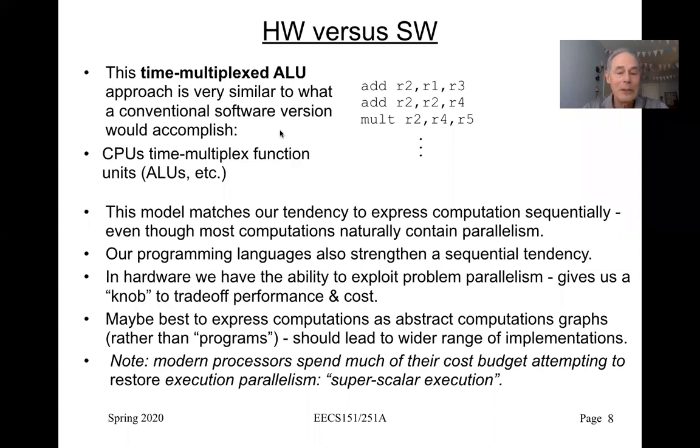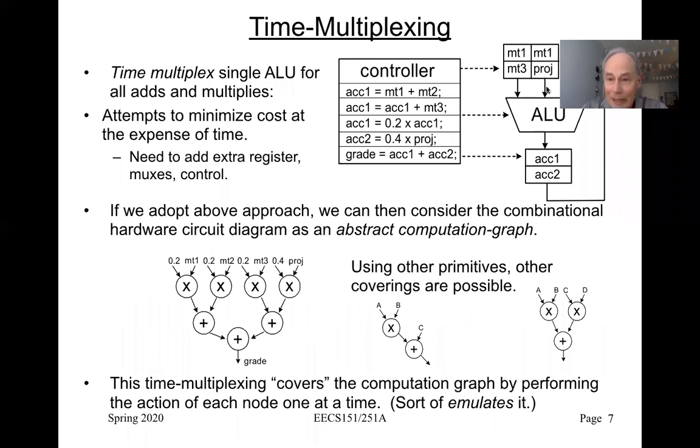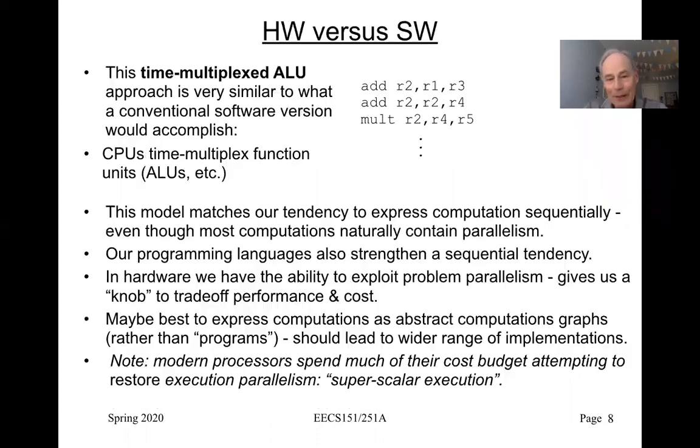The difference with a CPU is that it's programmable. We can change the program that it runs each time, as opposed to the dedicated piece of hardware on my last slide, which is dedicated to that grade calculation. So this sequential model matches our tendency to express computation sequentially.